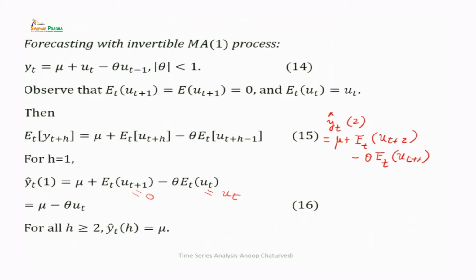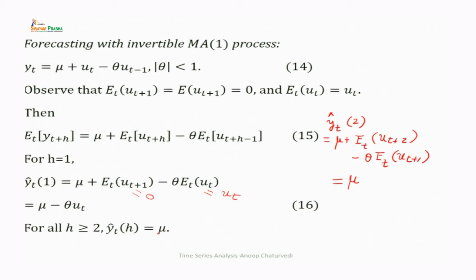Again, remember that u_t is a purely random process. So, E_t of u_{t+2} is 0, E_t of u_{t+1} is 0. So, this is equal to mu. Similarly, you can show that for all h greater than or equal to 2, y hat t h is equal to mu.